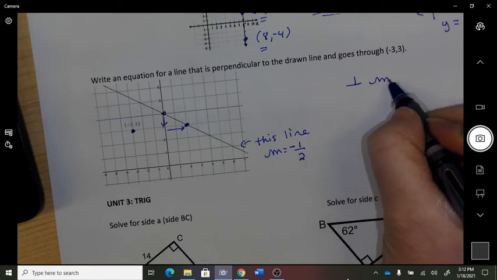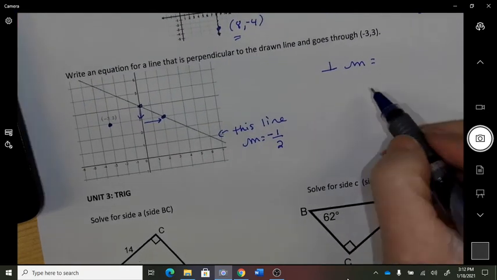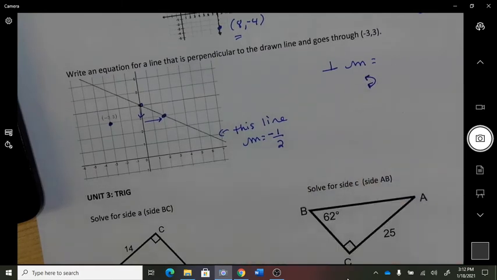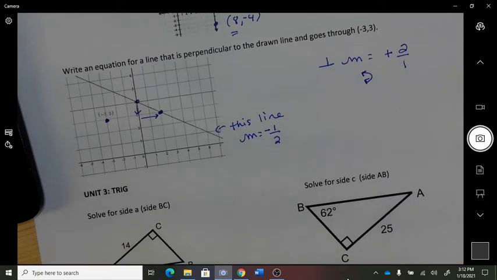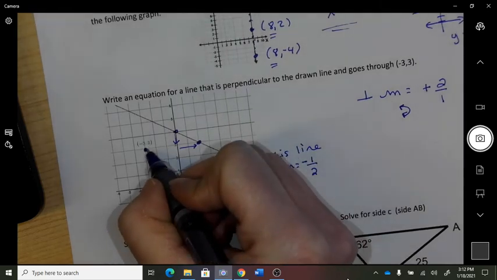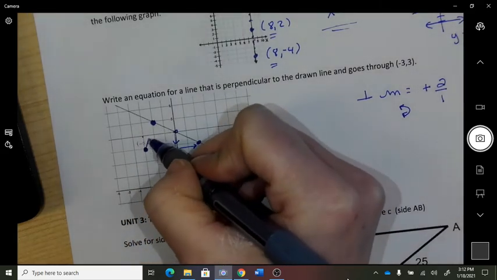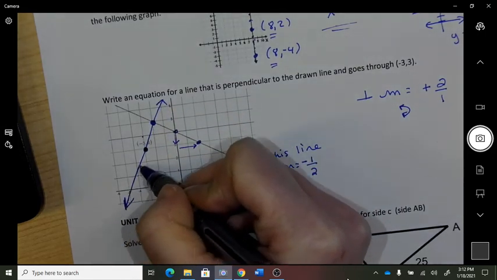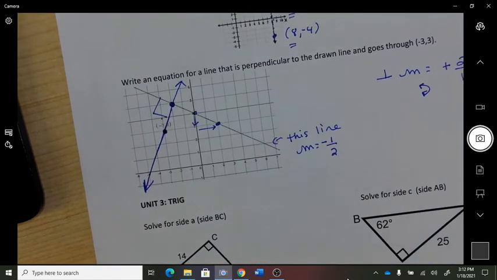So how do you find a perpendicular slope? Do you remember? You reciprocate and change the sign. So positive 2 over 1. So from this point, if I went up 2, right 1, does that look perpendicular? Yeah, looks perpendicular.